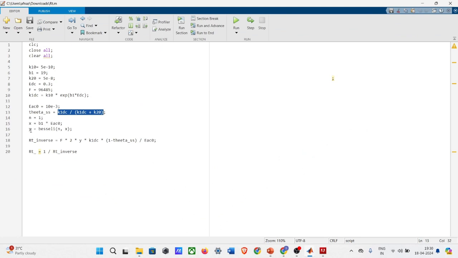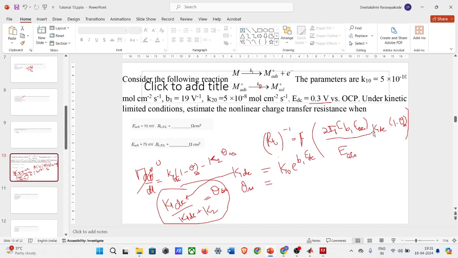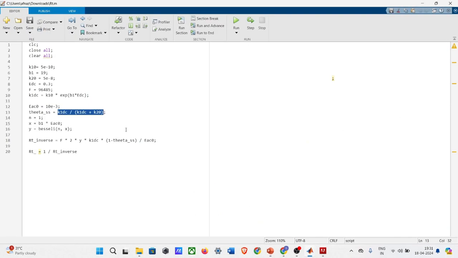So we apply the Bessel function, and you see it is RT inverse. RT inverse is this value. Once you find that, you can find out RT by 1 by RT inverse.